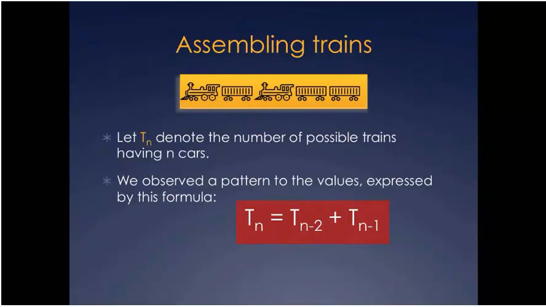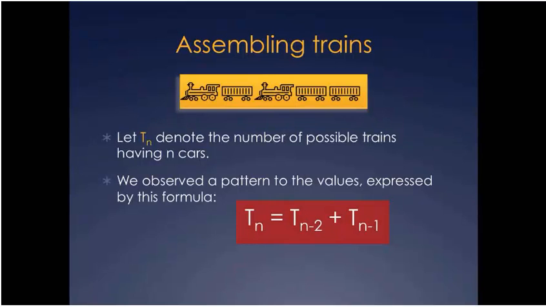If we call that number t sub n, then looking at certain cases where there's just a few specified cars, we observed a very interesting pattern, very simple, expressed by the formula that's given here, which says Tn equals Tn minus 2 plus Tn minus 1.